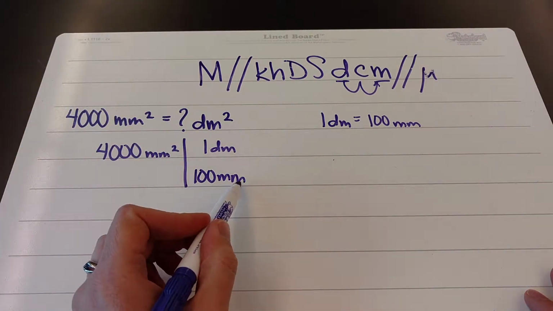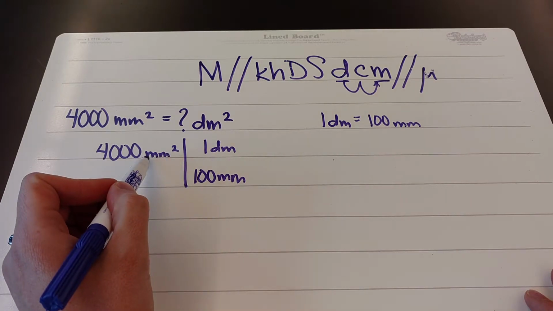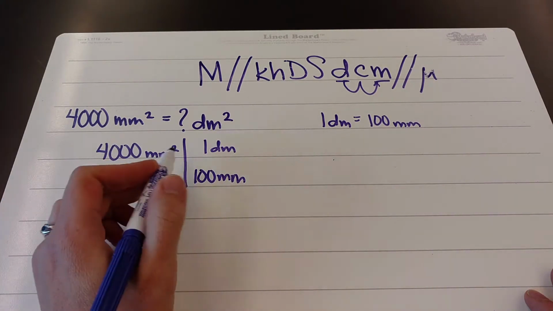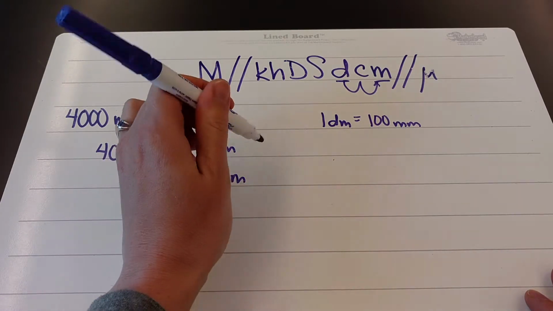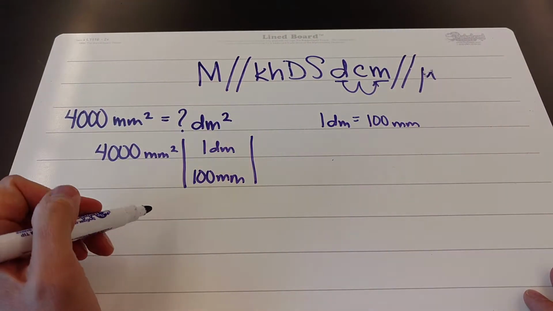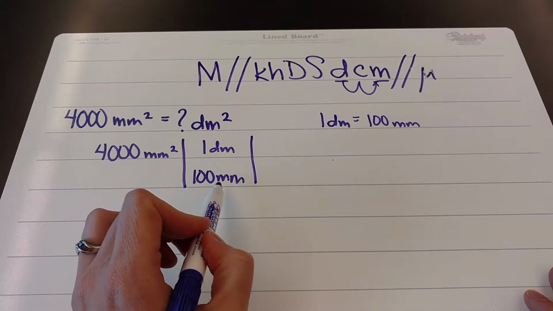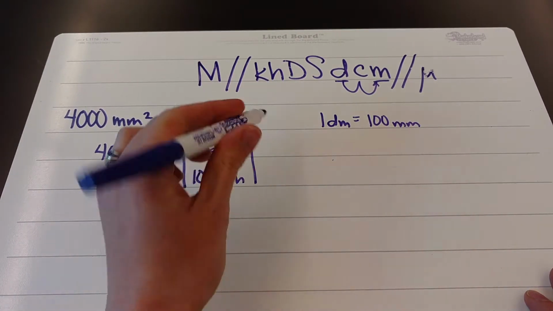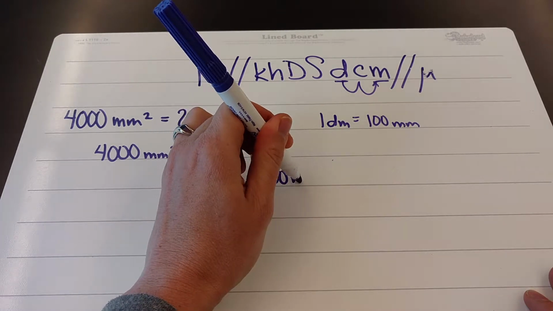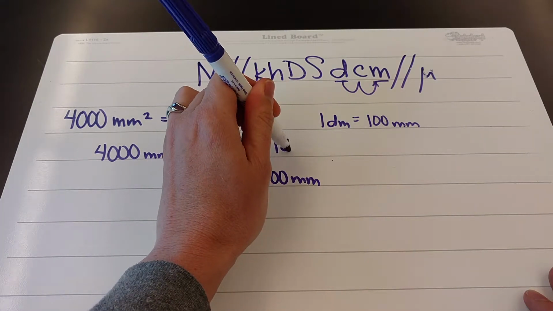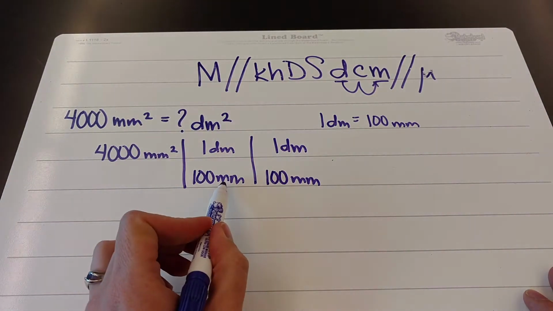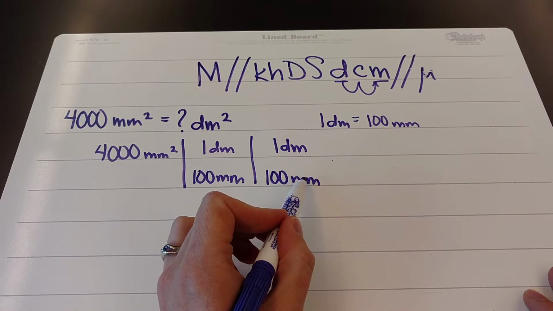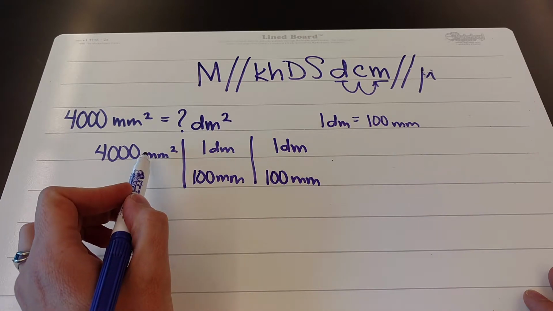But if you look at this, does a millimeter cancel a squared millimeter? Hopefully your answer to that is no, they're not the same. They're close, they're not the same. So one method, and there are other ways to do this, but one method to get rid of a square millimeter is to use this conversion factor again. 100 millimeters is 1 decimeter. These two together is like millimeters times millimeters. And millimeters times millimeters is millimeters squared.